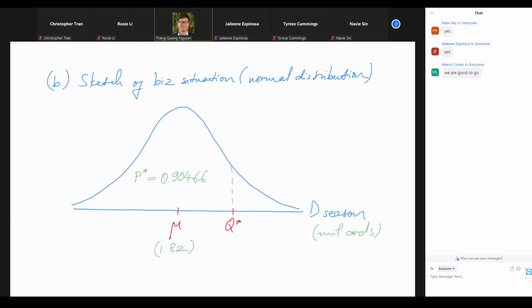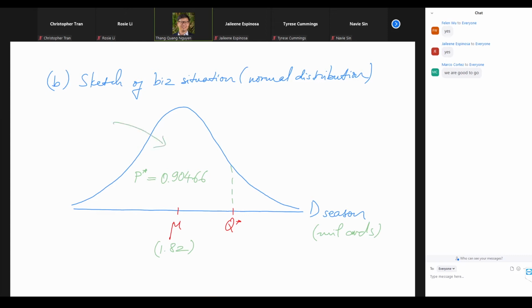So from the mean, we move up to that point so that we have 90.466% on the left-hand side to find the optimal quantity, right?